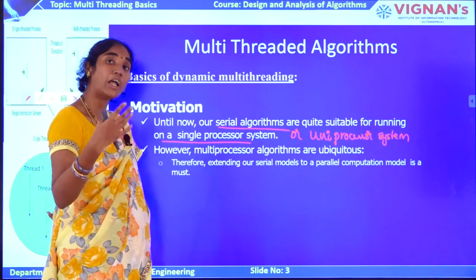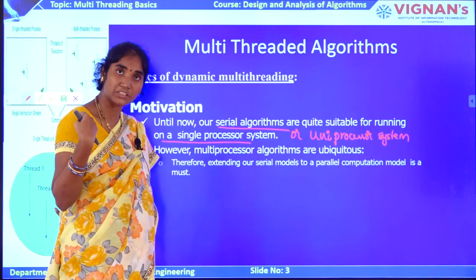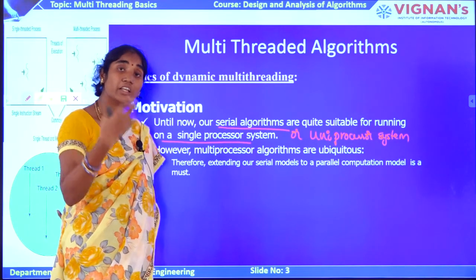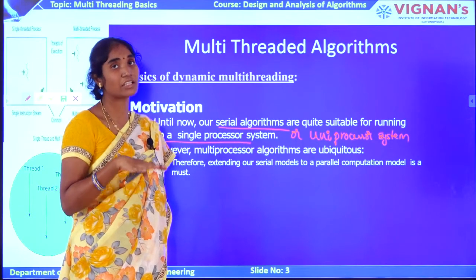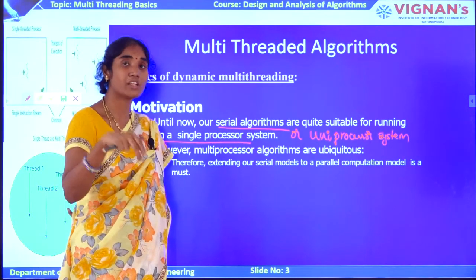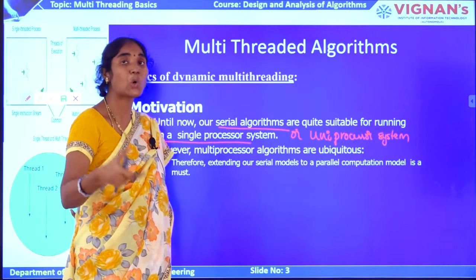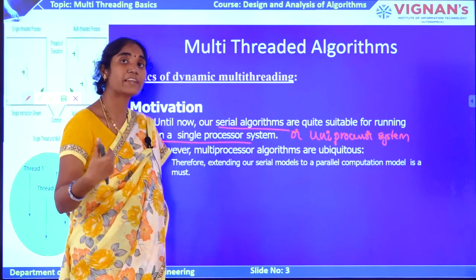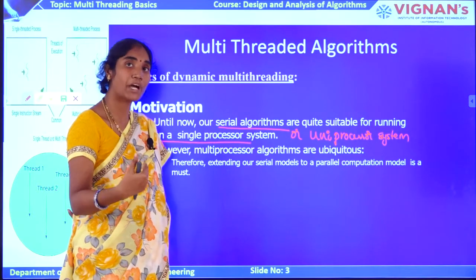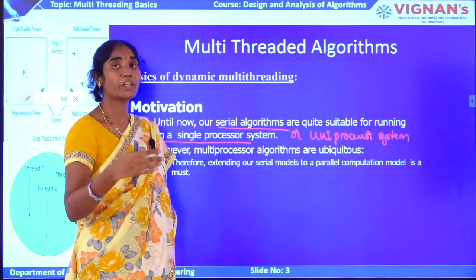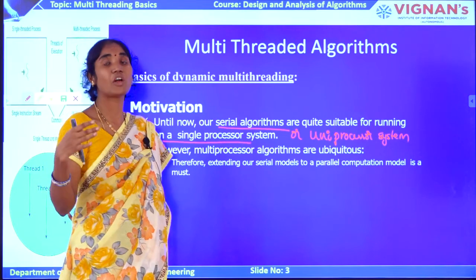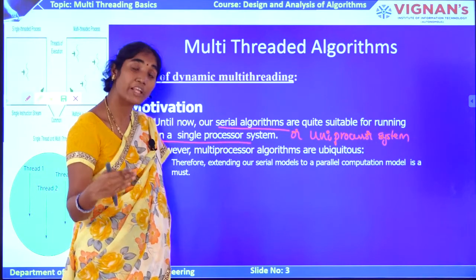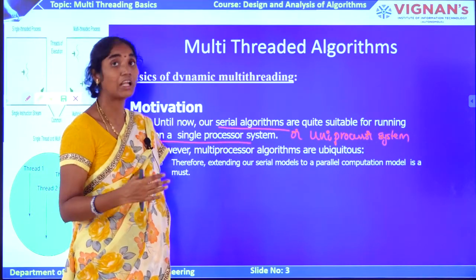So here I want to extend my application in such a manner that, as it is running at present on a single machine, single processor, I want to execute it on a multiprocessor machine, so that it will be executed fast compared to the previous one, because whenever we execute our processes or application on a multiprocessor, it will be executed very fast compared to a single processor system.